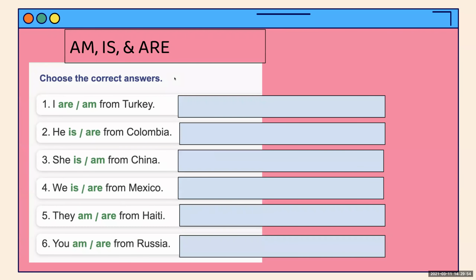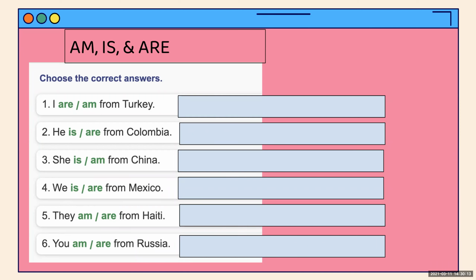Tonight's last activity, we're still doing am, is, and are. Let's look at 1, 2, 3, 4, 5, and 6. Now we have the words in green and we want to choose which one is correct. I am/are from Turkey is number 1.